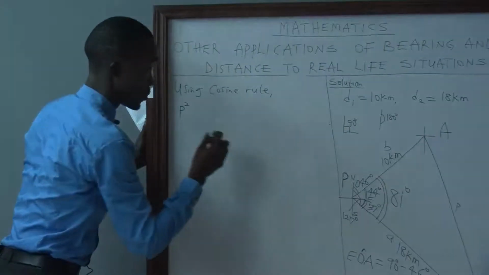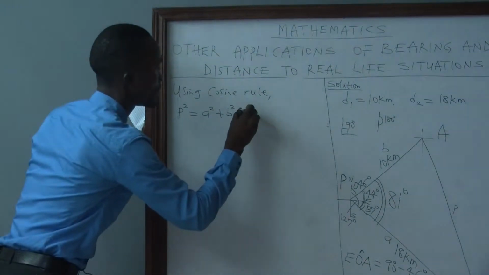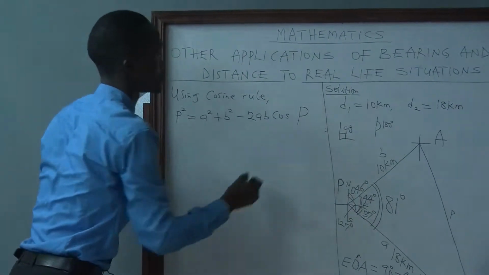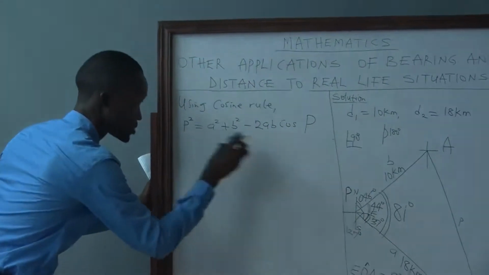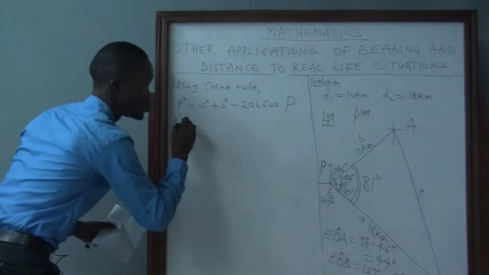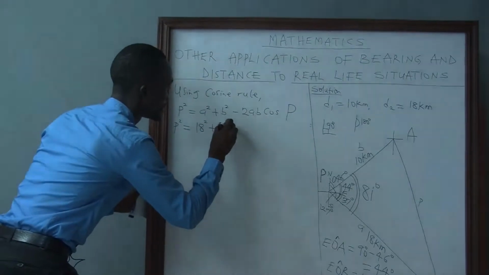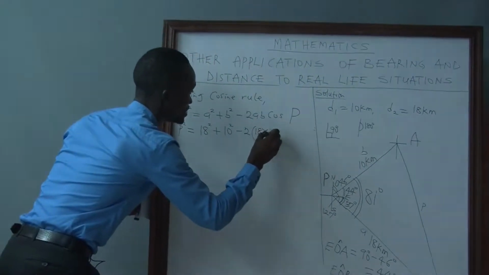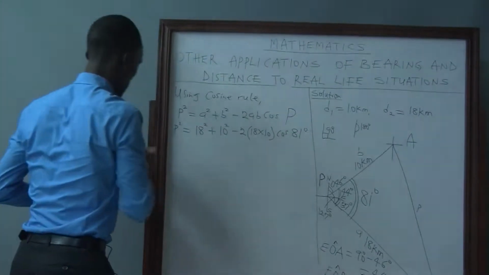So the one we are looking for, P square is equal to A square plus B square minus 2AB cos P. So we substitute the value of A and the value of B. We have P square to be, A from there is 18, then B is 10, minus 2 into 18 multiplied by 10, then cos 81 degree.